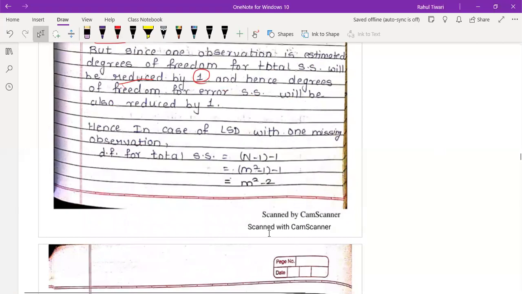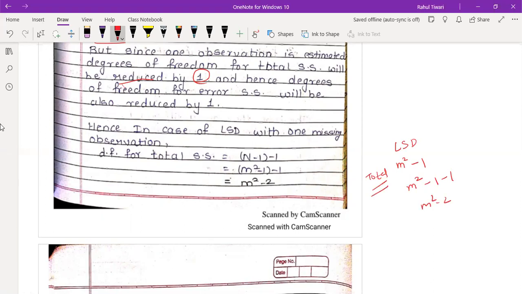Do you remember the degree of freedom as usual? It was m square minus 1. Remember? For LSD, total sum of square. Now, since one observation is missing, we have to reduce by one, so it's m square minus 2.